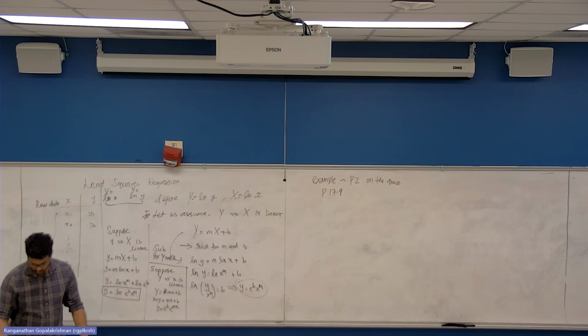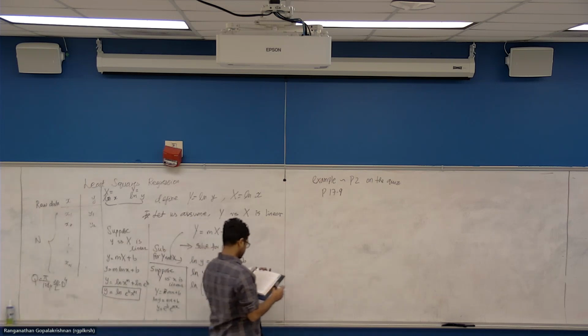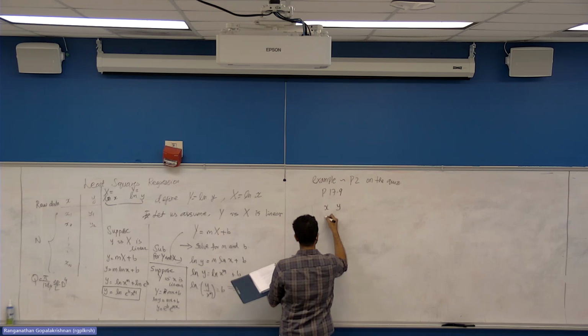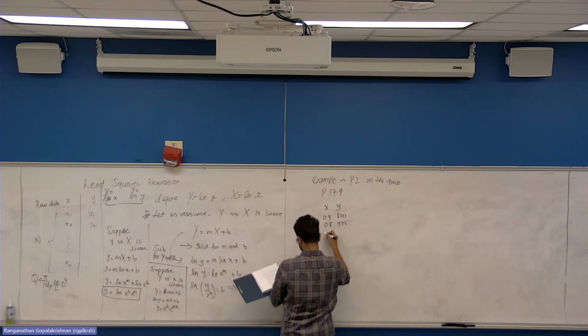Okay, so you are given x and y values. Okay, 0.4, 800, 0.8, 975, 1.2, 1500.